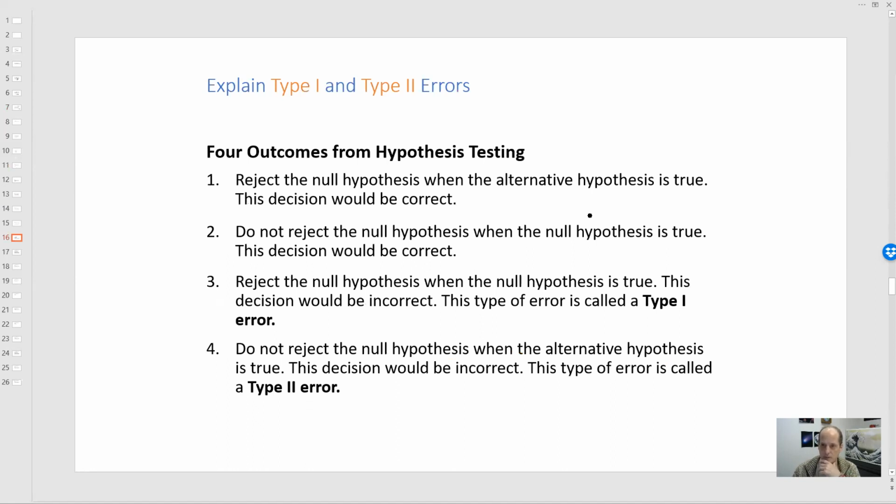It's similar to that idea that we're 95% certain that the actual population proportion is between low limit, high limit, when we did the last section.